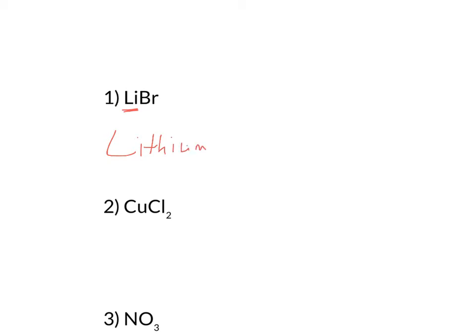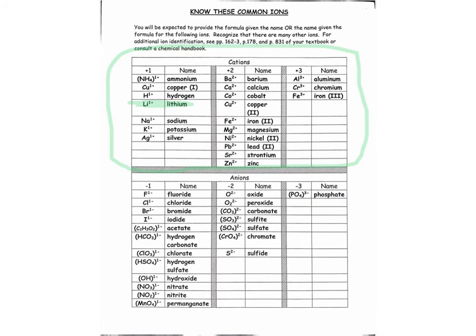All right, so now I'm going to go back to that ion sheet, and I have to figure out what Br is. Some of you might know it just off of the periodic table as bromine, but when I look on that ion sheet, what I see is that the Br ion is actually bromide.